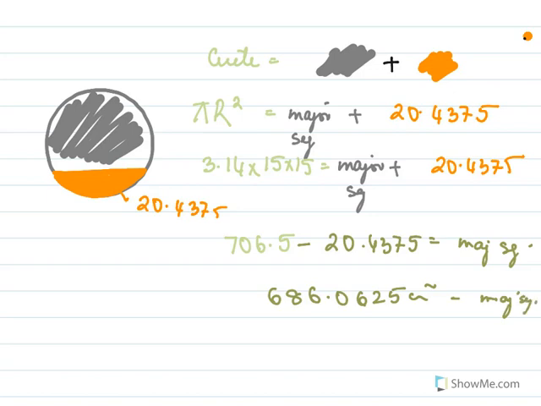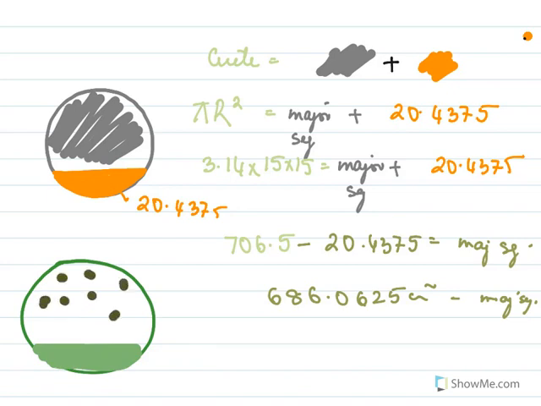So to repeat the sum, suppose you have the circle, and you know the area of this minor segment, how will you find the area of this major segment? The area of the major segment will always be the area of the circle minus the area of the minor segment, and that is what we have done.